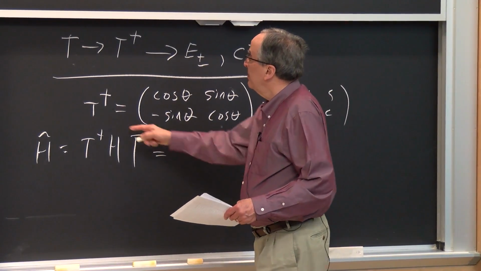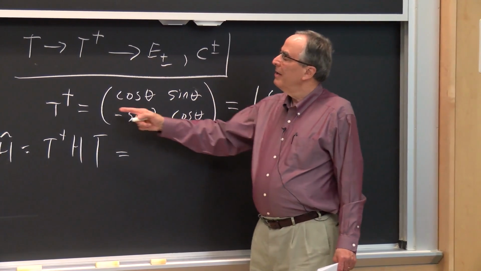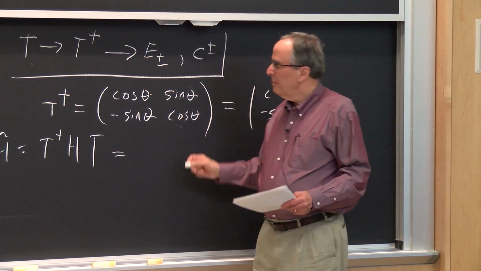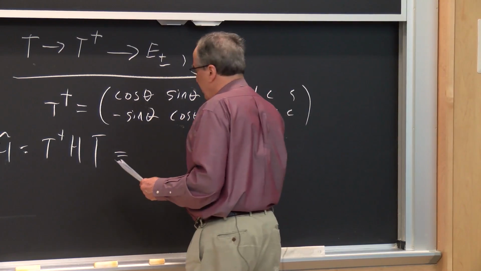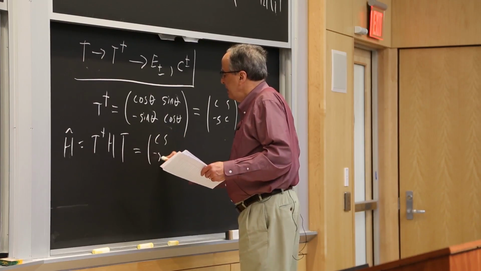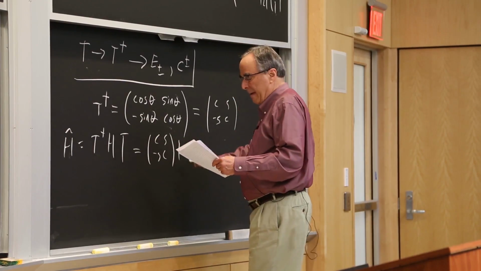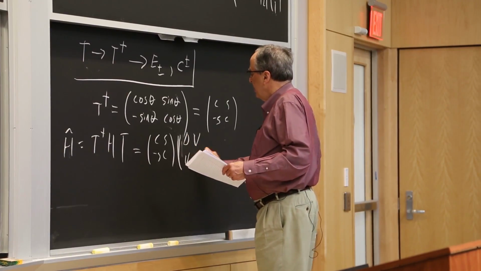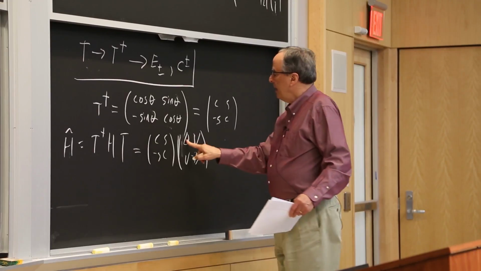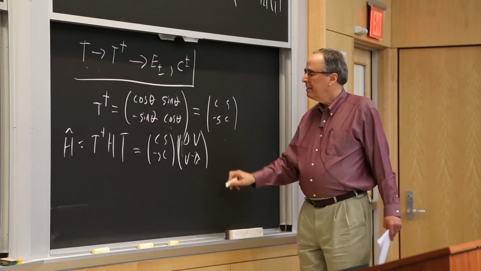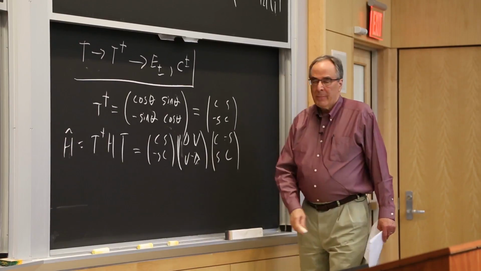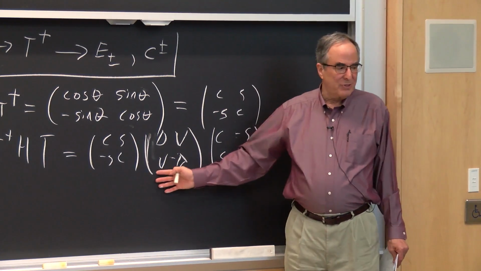And now, since we've expressed the T in this form, we can multiply this out. And so we have C, S, minus S, C, H, delta, V, V, minus delta, C, minus S, S, C. So we have 3 2x2 matrices to multiply.